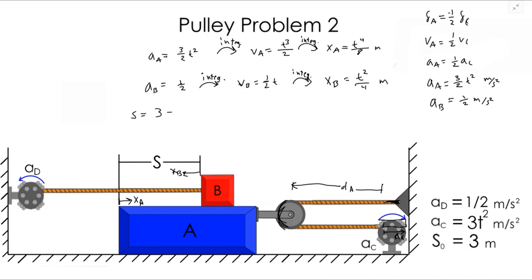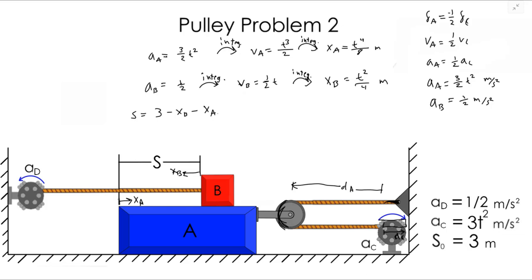The more XB gains, it's going to be shrinking. The more XA gains, it's going to be shrinking as well. So minus xb. So that's S naught really, the 3. But anyways, minus xa as well.